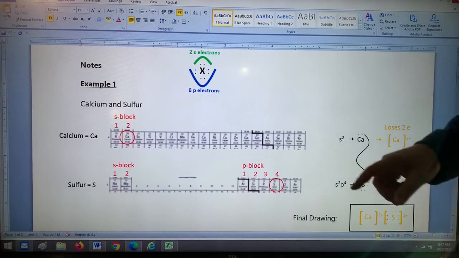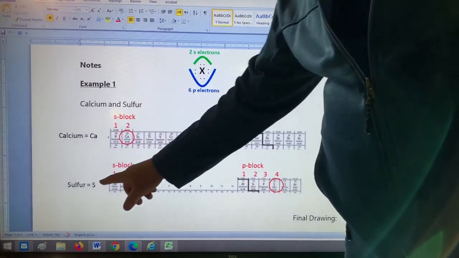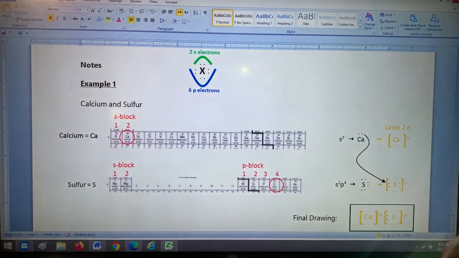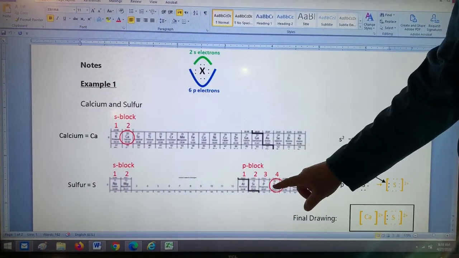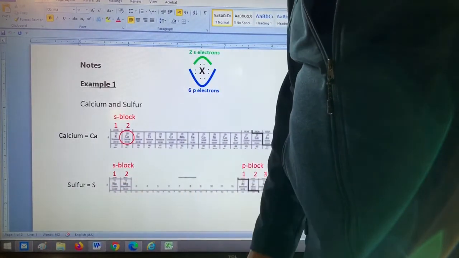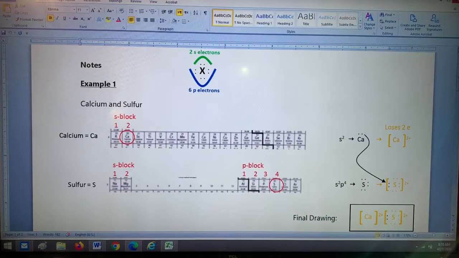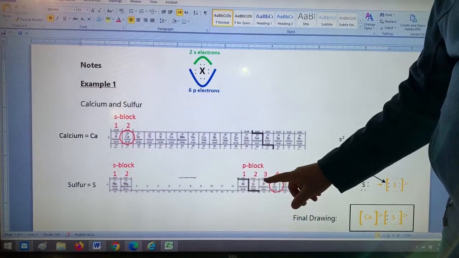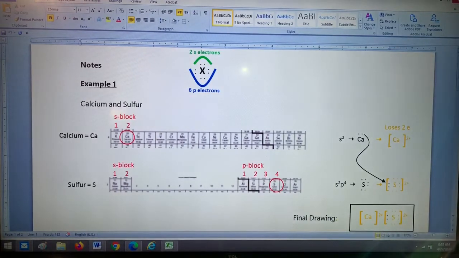Then we have to do the second element that we're interested in, which is sulfur. So here is the period from the periodic table where we can find sulfur, and it's over here. So I have 2 boxes representing 2 electrons in the S block. That makes it S2. And then I have 1, 2, 3, 4 that are part of the P block, so that's why it's a P4.